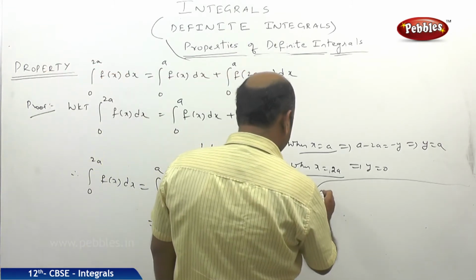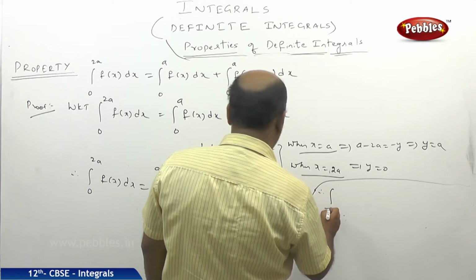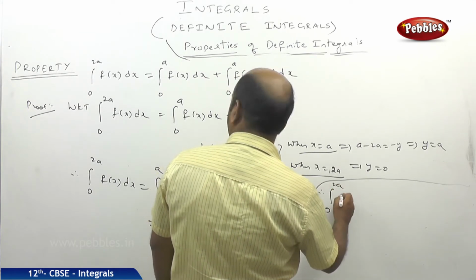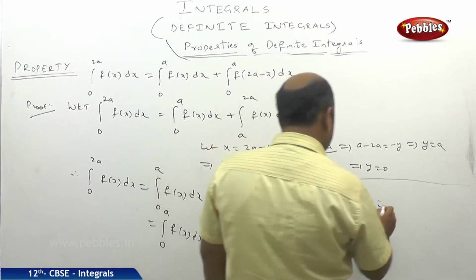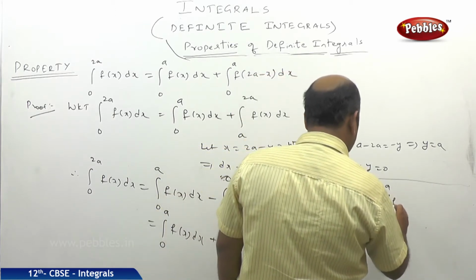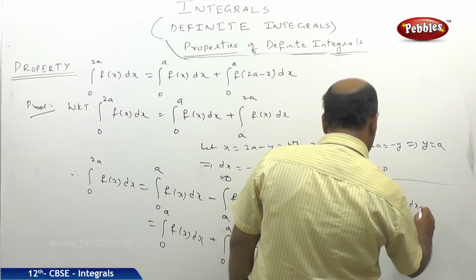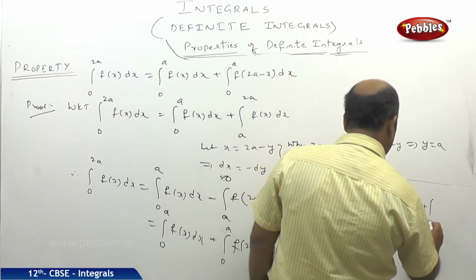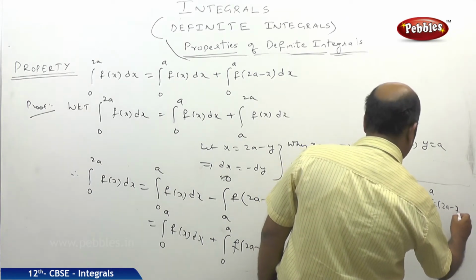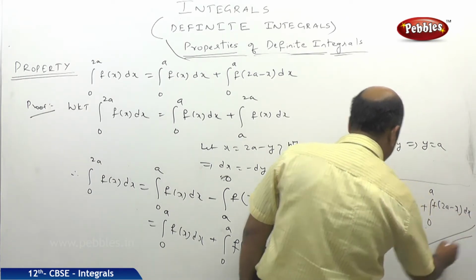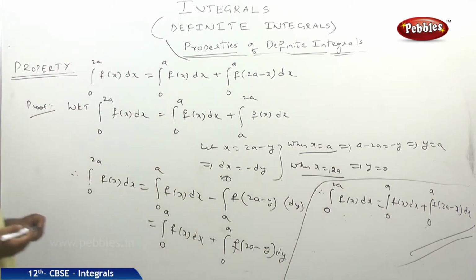So finally what happens? Therefore integral of 0 to 2a f of x dx is equal to integral of 0 to a f of x dx plus integral of 0 to a f of 2a minus x dx. It's a very, very important property. You should remember carefully.